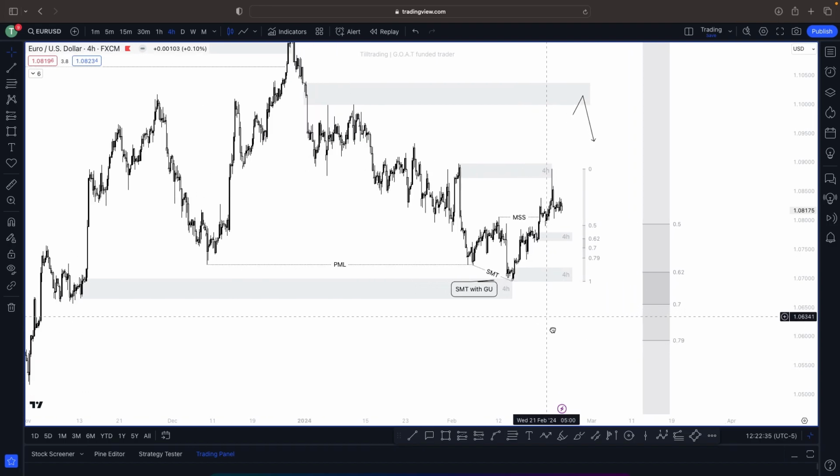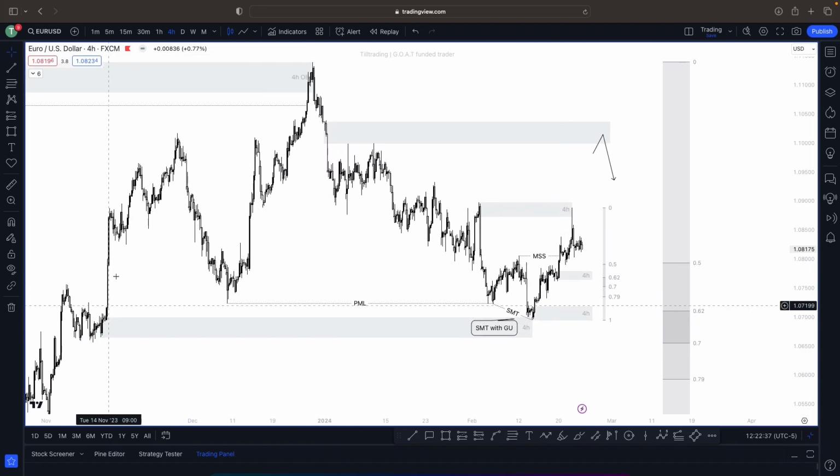And also, as you can see here, we had these 2 bullish impulsive moves to the upside, and then very weak, very corrective momentum to the downside, and then we mitigated this 4-hour demand zone and shifted structure to the upside, and that's why I'm looking for buy entries this week.